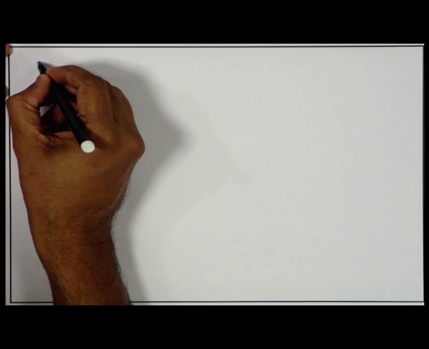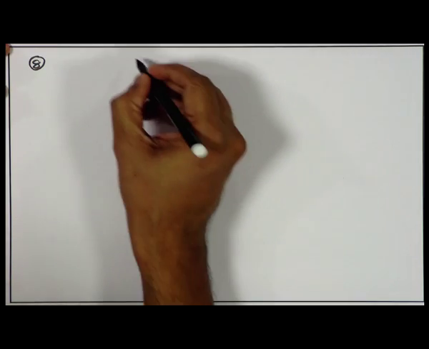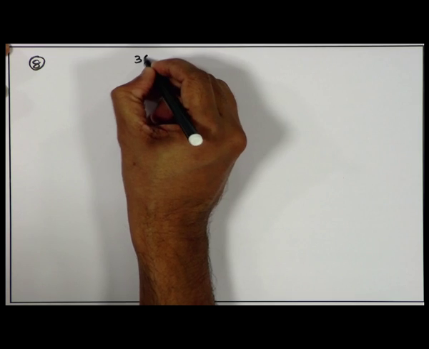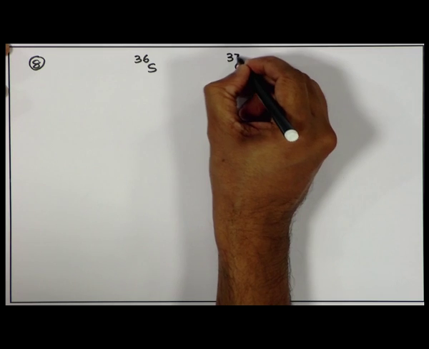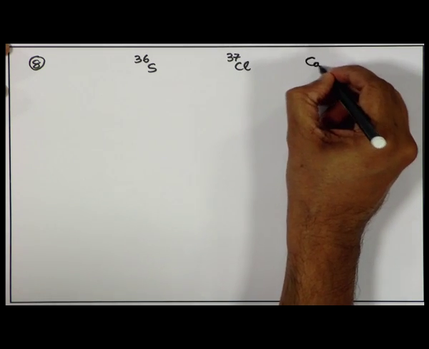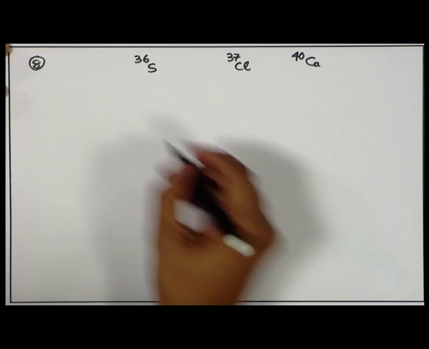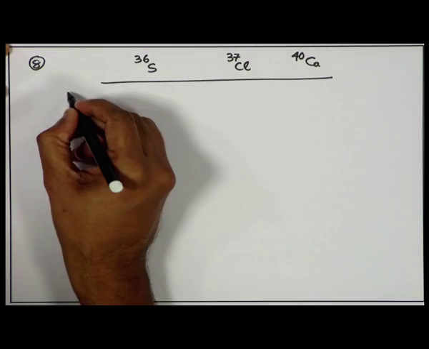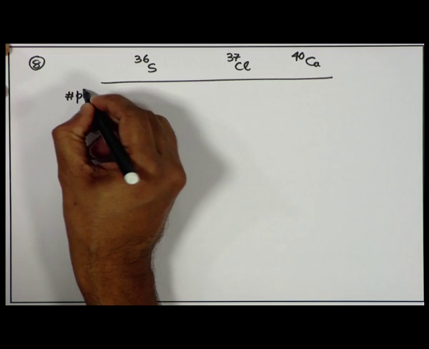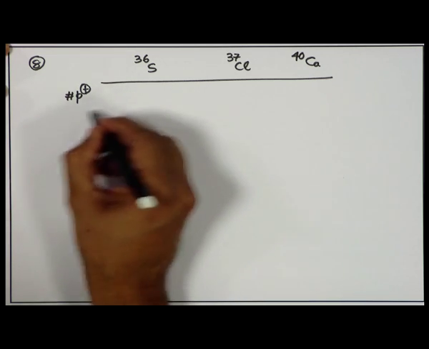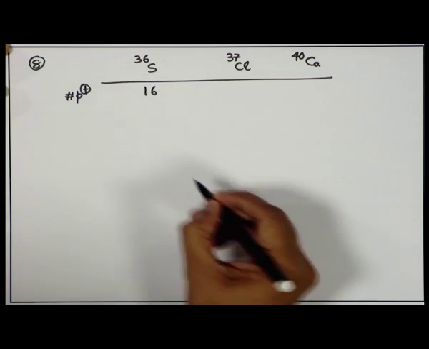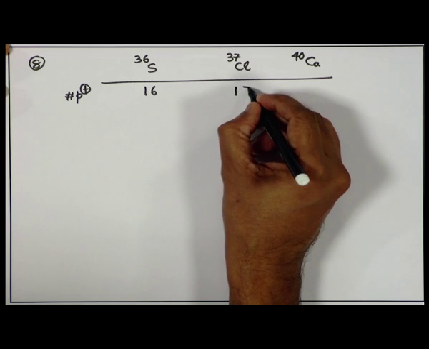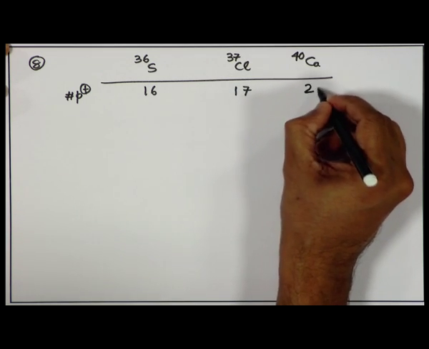We will take one more example, and that will be our last example. Let us consider these three species: sulfur 36, chlorine 37, calcium 40. Let us find out the number of protons. In this case, sulfur has 16 protons, chlorine has 17, calcium has 20.